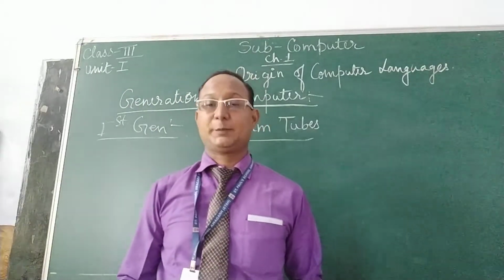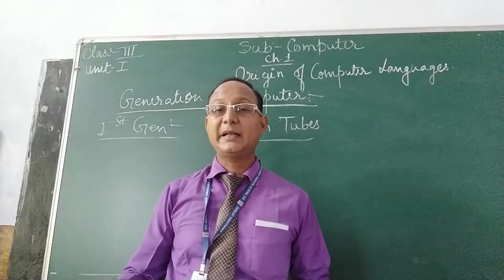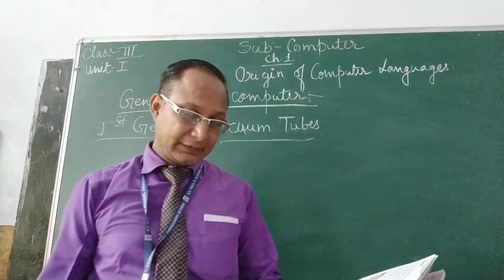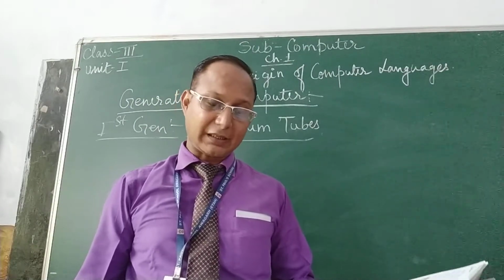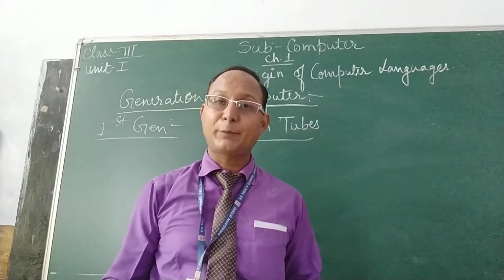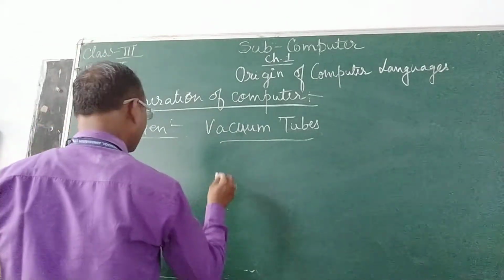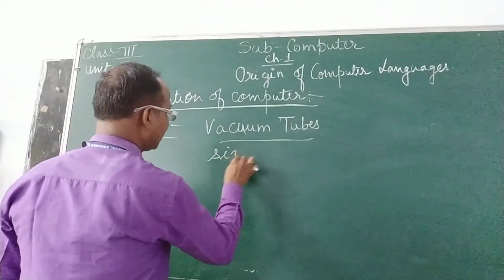And they were very expensive, handled by many persons at a time, and produced a lot of heat. They used punch cards. Punch cards are the input device to read computer programs. So in the first generation, the computer size is large.